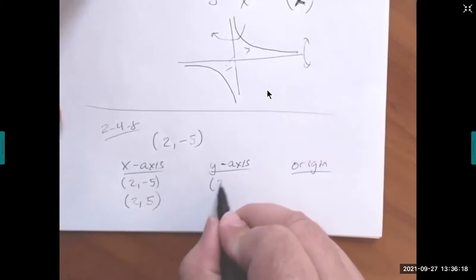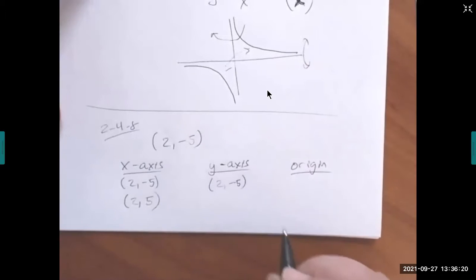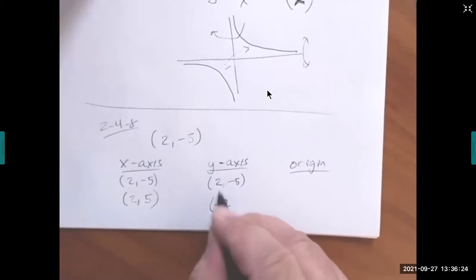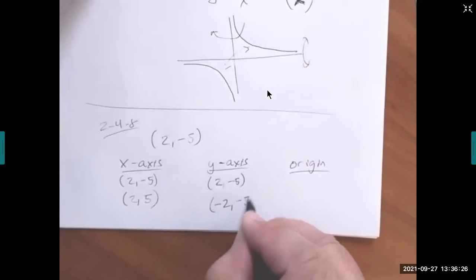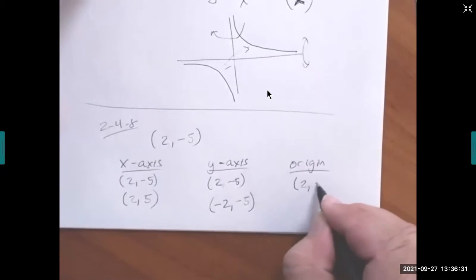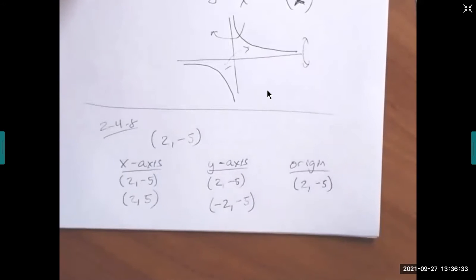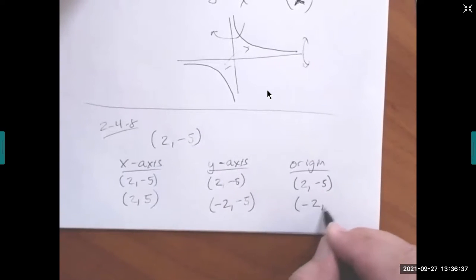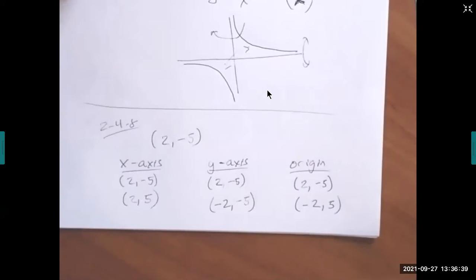So for the y-axis, what do you change? The x values. So it becomes from 2 to -2. Leave the y alone. And across the origin, change them both.